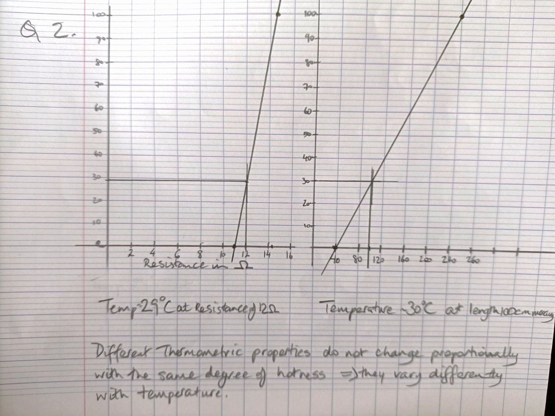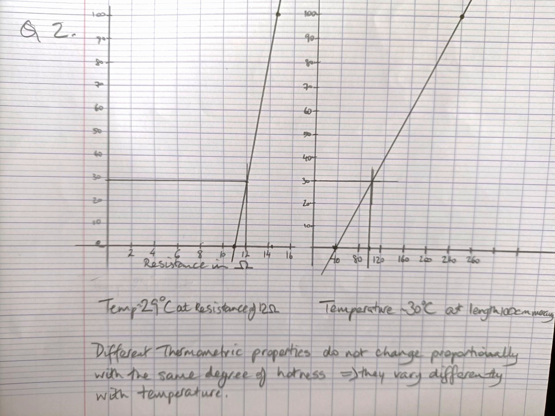So from your graph, you find the 100 centimeter length, come up, see where it cuts your line, and then again come across to read the temperature scale. And approximately 30 degrees there at 100 centimeters.